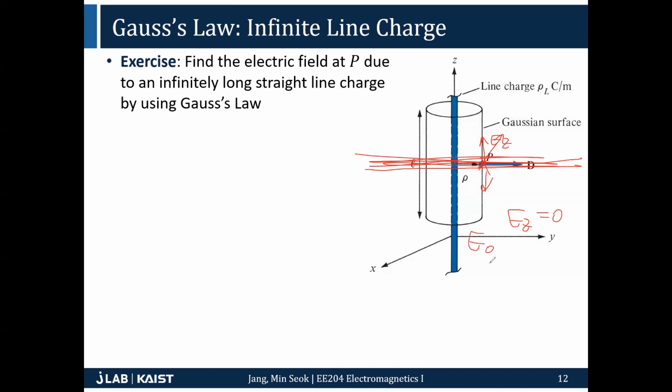Then what about E phi? How would you argue that E phi is 0? So let's say we have E phi here, E phi like this. What's wrong?